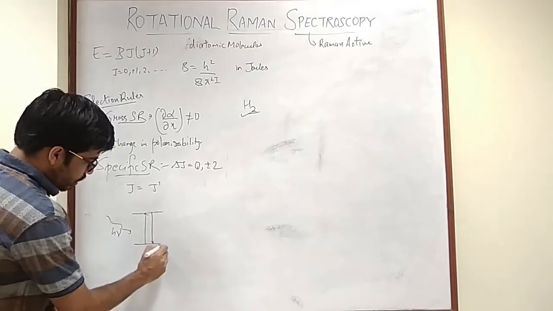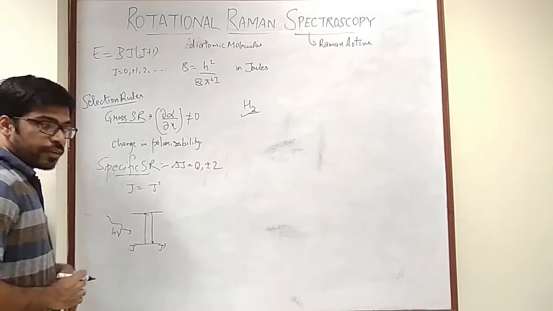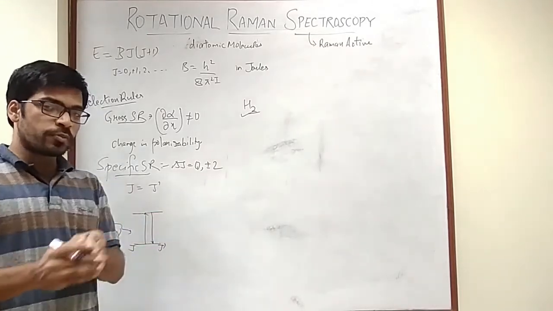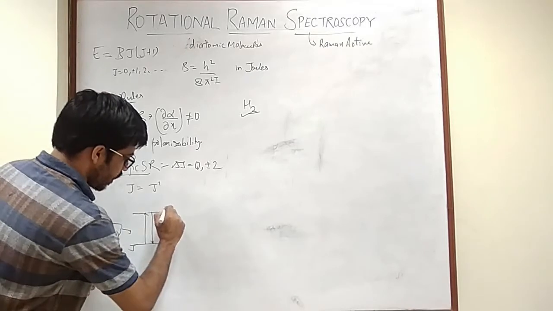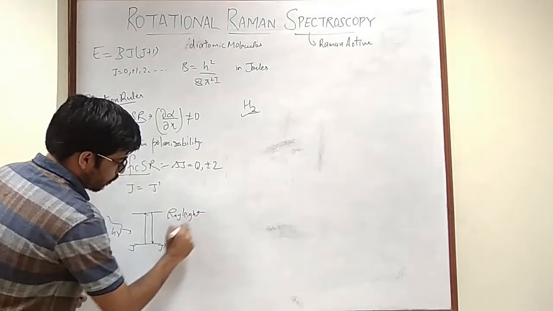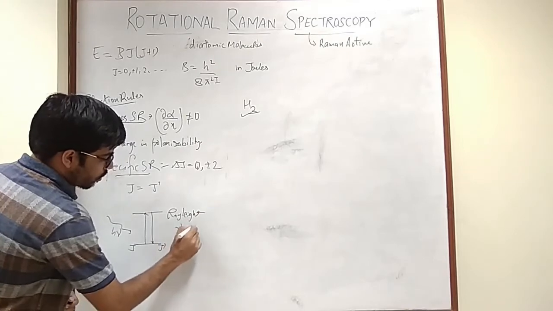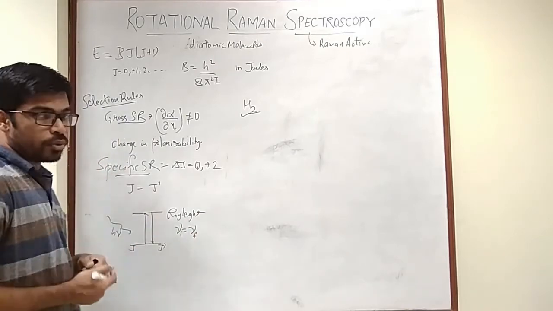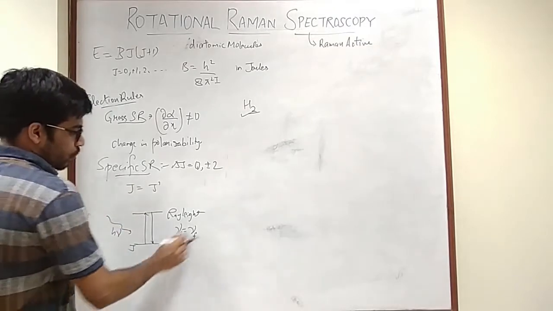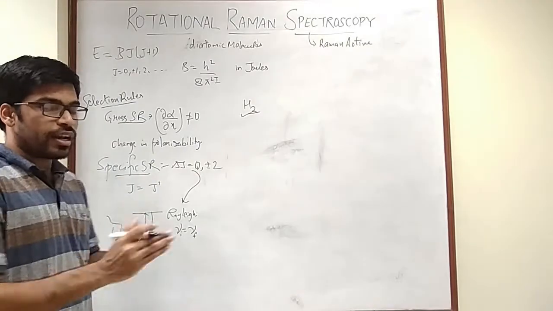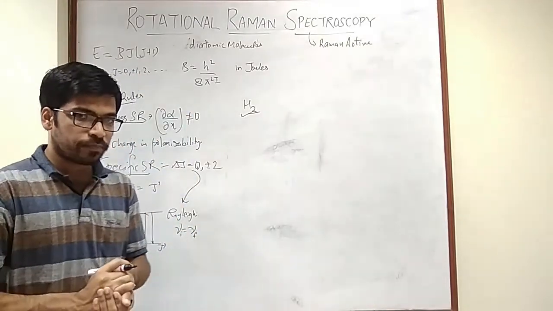So this is its J dashed and this is its J. This is the case that we had seen when we were discussing Raman spectroscopy, the Rayleigh line, right? Where mu incident is equal to mu final, or mu initial equals to mu final. So if this is the case of Rayleigh line, that means delta J equals to 0 will give you the Rayleigh line or the center of the Raman spectrum.